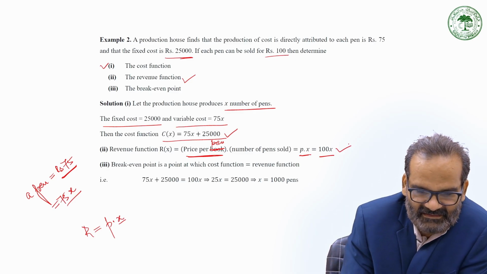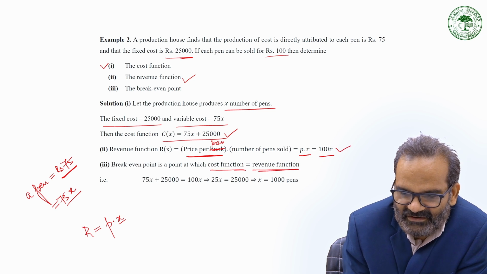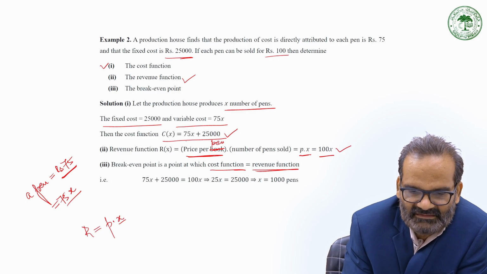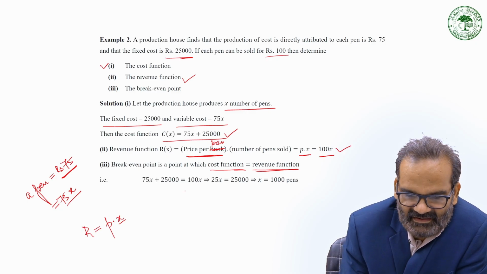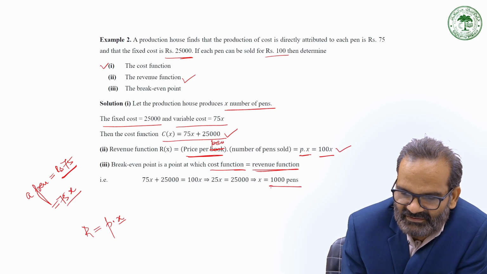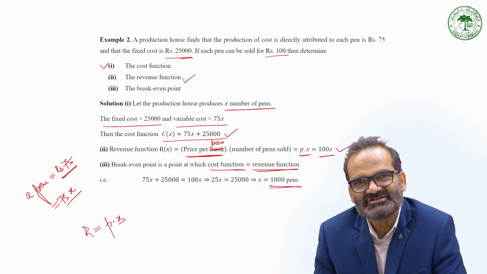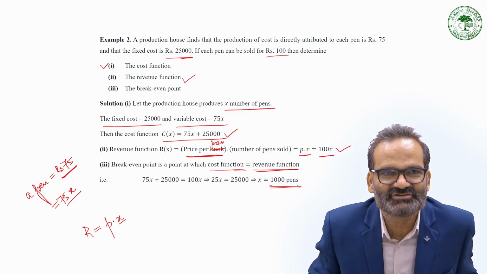That is, the break-even point is a point at which the cost function is equal to the revenue function. So cost function you have 75x plus 25,000. This should be equal to 100x. Simplify this. So there are 1,000 pens required at which the firm will run in a no loss, no profit situation.